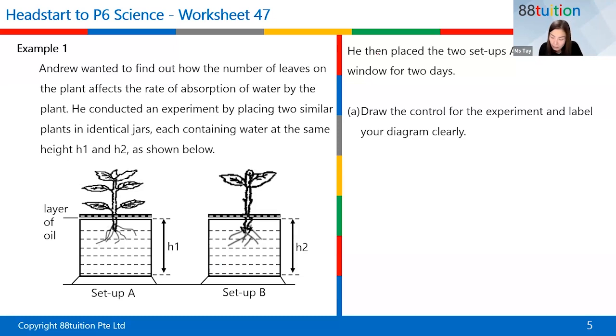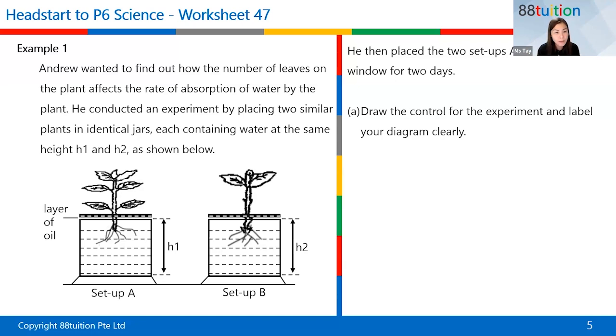Then he placed the 2 setups next to the window for 2 days. Now, you are supposed to propose how to draw a control for this experiment and label the diagram. Of course, I cannot tell you to draw now for me, right? But I can ask you, what would you propose? What would you propose for me to draw in this control setup?